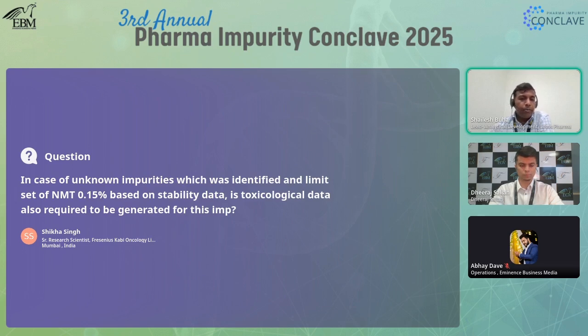But yes, definitely if it crosses the qualification threshold, toxicological data is required to be generated as per the Q3A and Q3B classes. Okay, thank you so much for that.